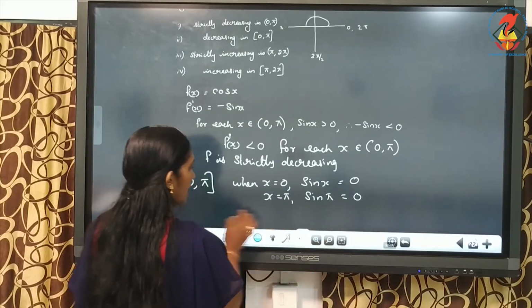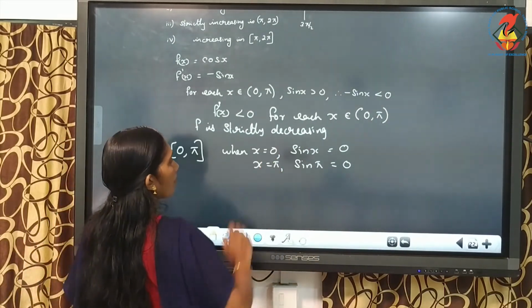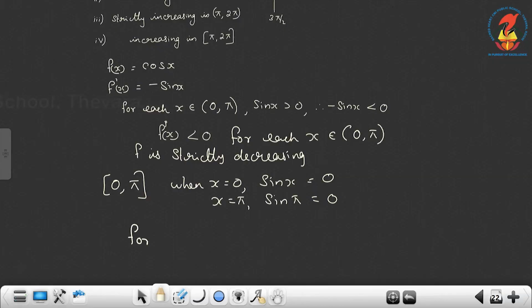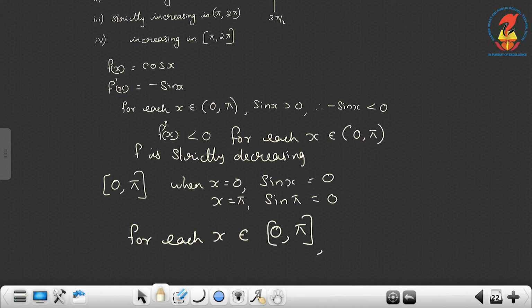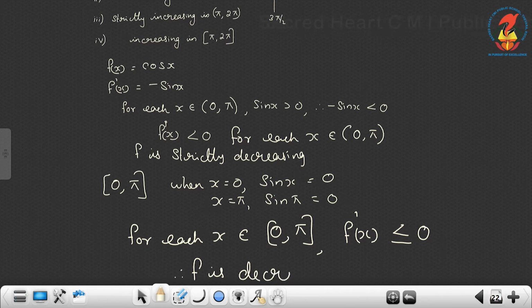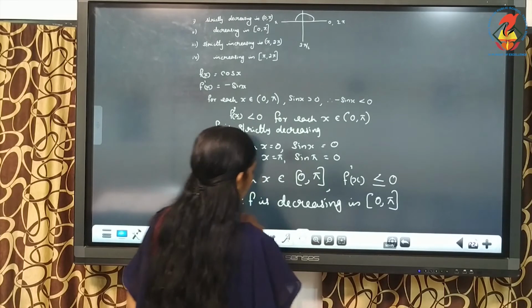So, we can write f dash x for each x belongs to closed interval 0 to pi, f dash x is less than or equal to 0. Therefore, f is decreasing. F is decreasing in which interval? Closed interval 0 to pi. I hope you understood.